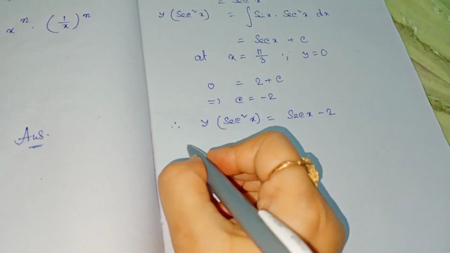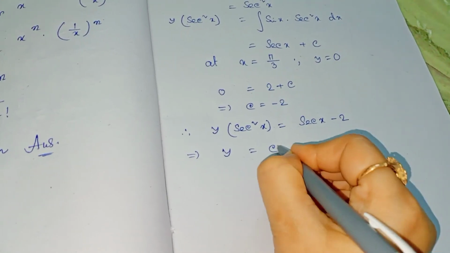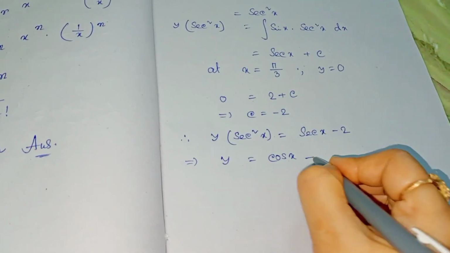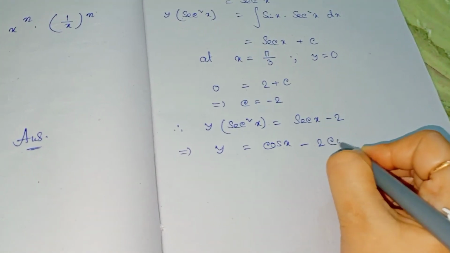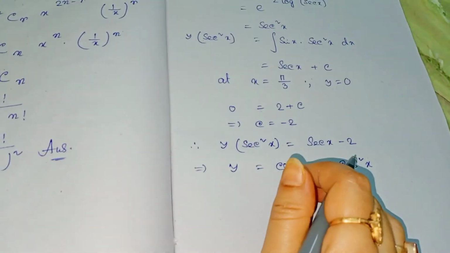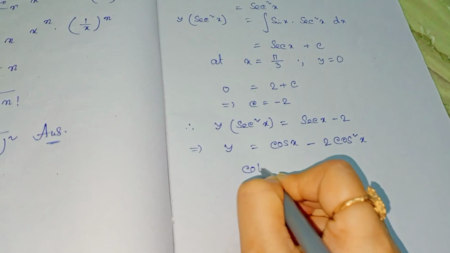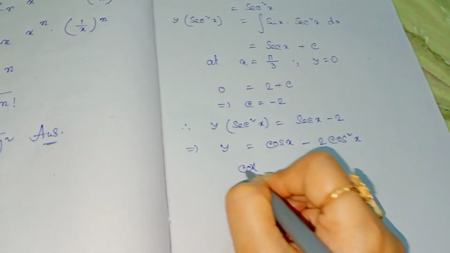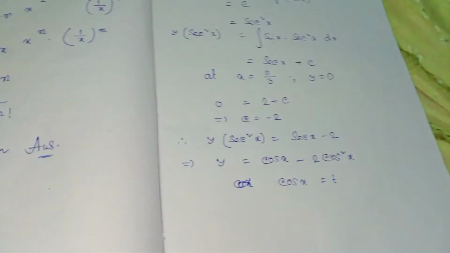So that implies y is equal to cos x minus 2 cos² x. Now let cos x is equal to t here.